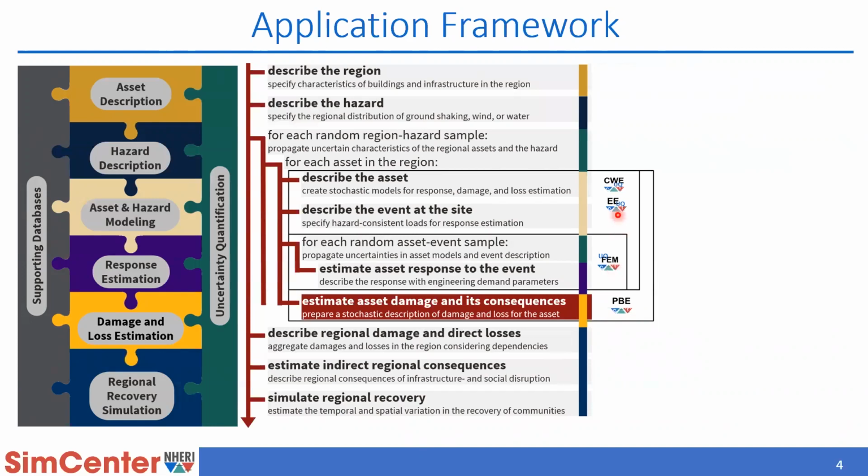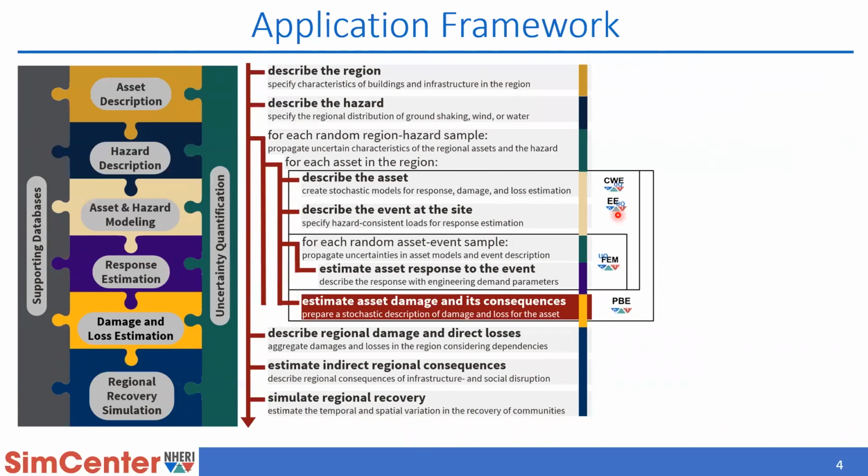Another tool that we have is EEUQ, for instance, which takes this a little bit further, where you have an asset description, you have a hazard description, and the tool takes care of defining some of the uncertainty for you, and also defining the hazard input on your, let's say, building.